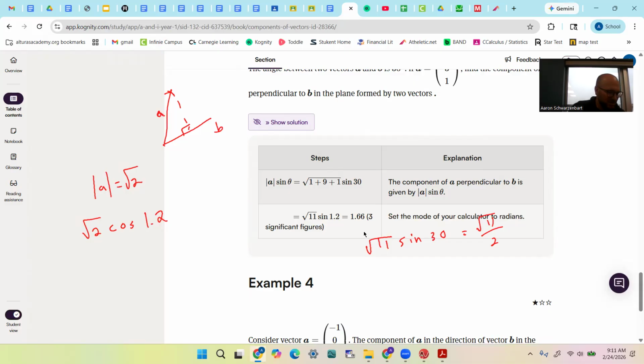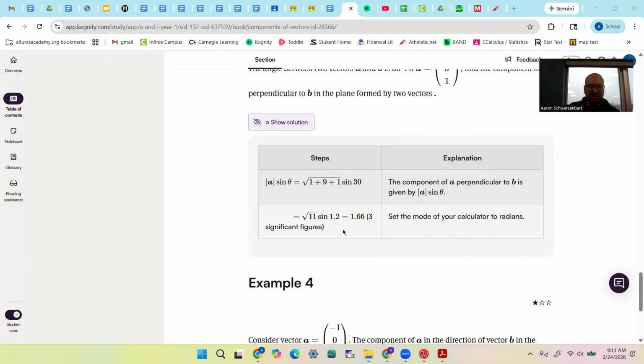Their answer still doesn't work. That was a typo in their thing. This should be a 30.